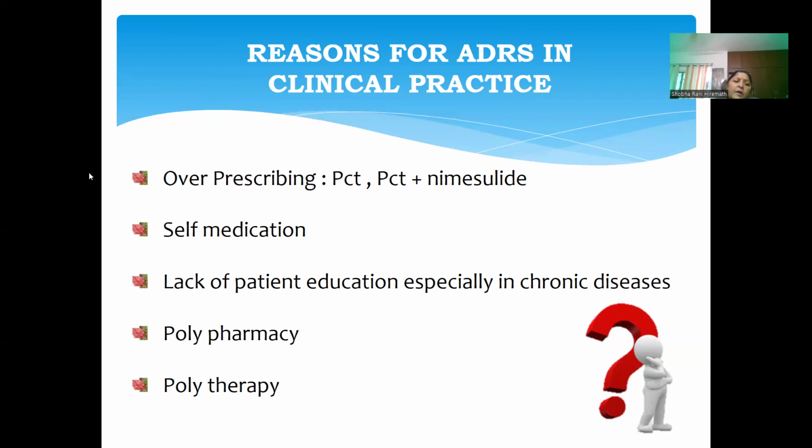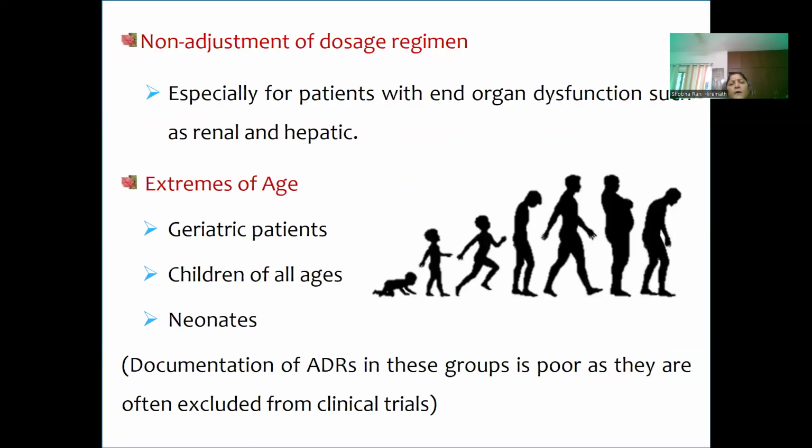And polytherapy in a country like ours, not only allopathy, we are using Ayurveda, homeopathy, Unani. Though Ayurveda is considered safe, homeopathy is considered safe, nobody can deny that there is a possibility of interaction between allopathic, Ayurvedic or homeopathic drugs. So this can lead to ADRs.